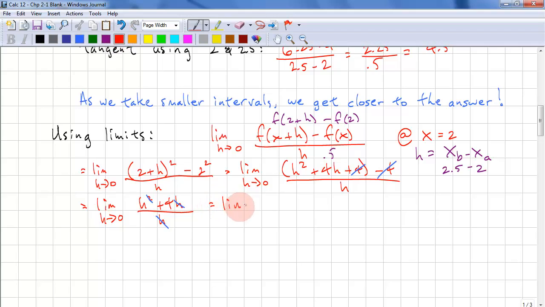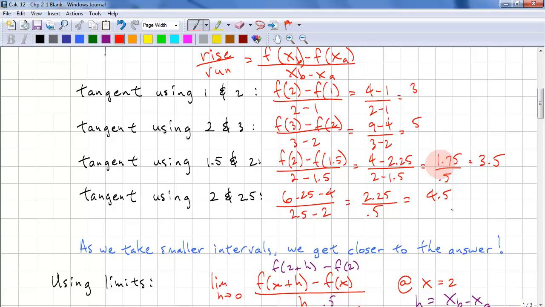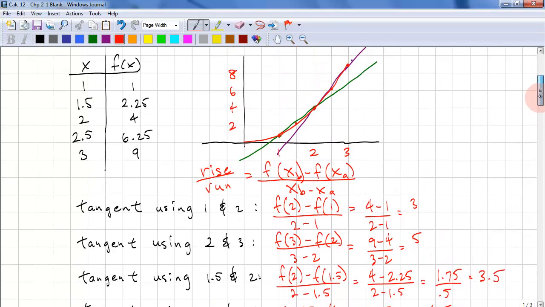And now we have limit h goes to 0 of h plus limit h goes to 0 of 4. And this is 0 plus 4 equals 4. So the actual slope of the tangent is 4. And looking at these values, it's right between all these values.